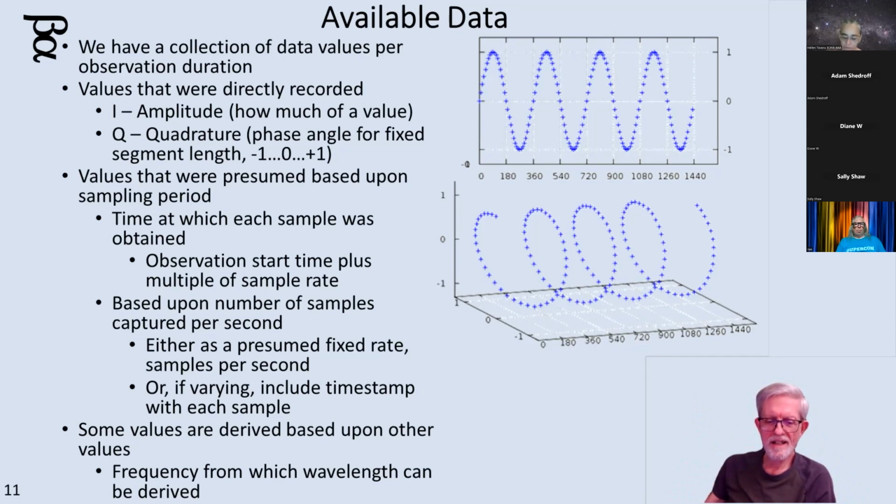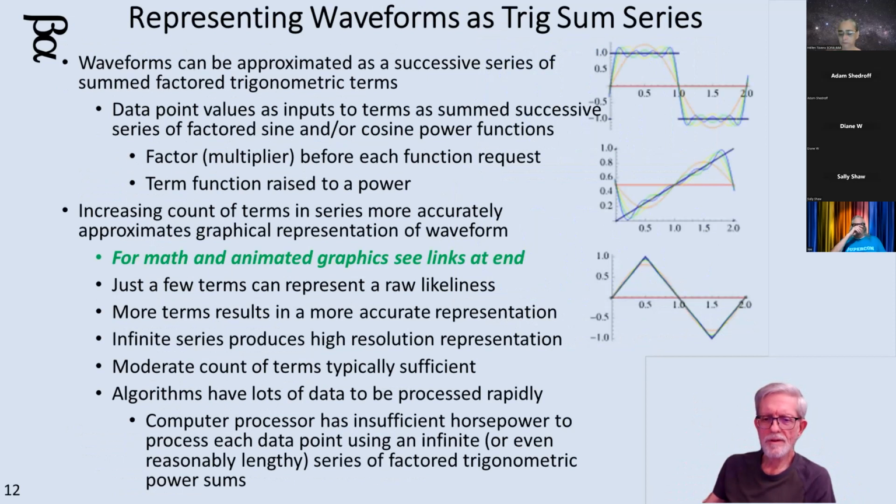But once I have the data in this format, I can do all sorts of interesting math on it. So without doing it as an animated waveform, or without showing you all the trigonometric factored sum series, this top one, that is a square wave. You see it goes up, squares, comes down, square. But the little ripple that you see there, the pink one, that's a sine curve.